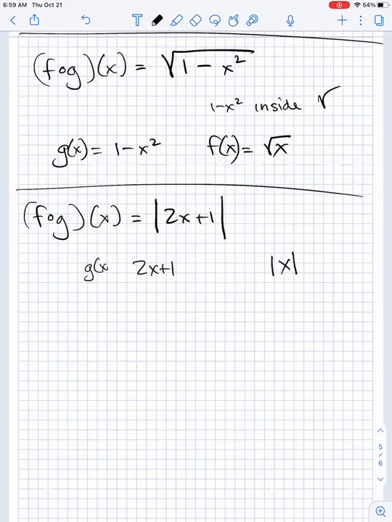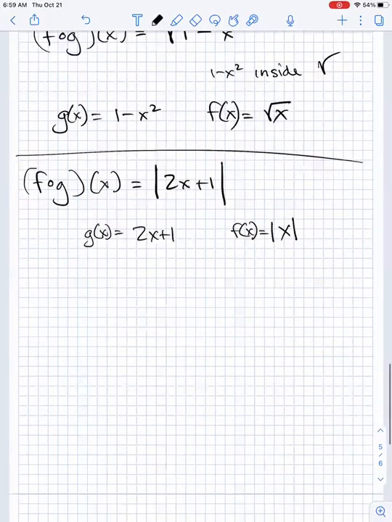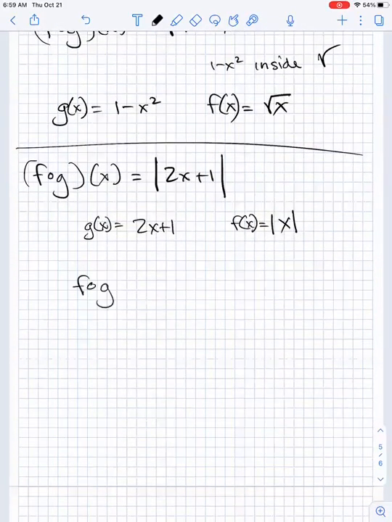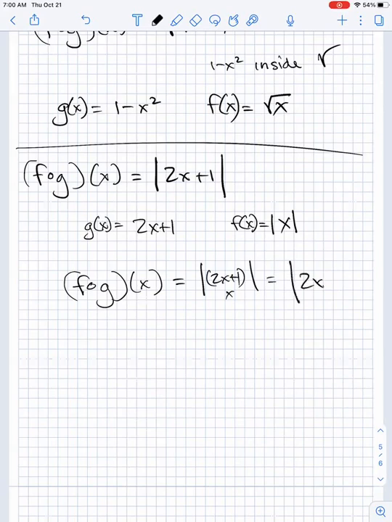So g of x is the input. F of x is what it's getting plugged into. And we have our two component functions. You can check this. F of g of x means I'll take my f of x function, absolute value of x, and we're going to plug the 2x plus 1 in, that gives me the absolute value of 2x plus 1.